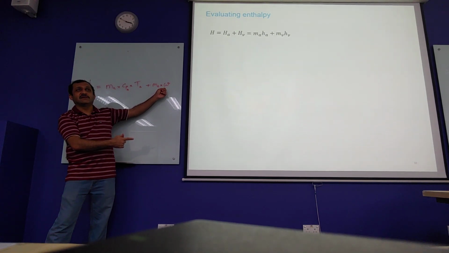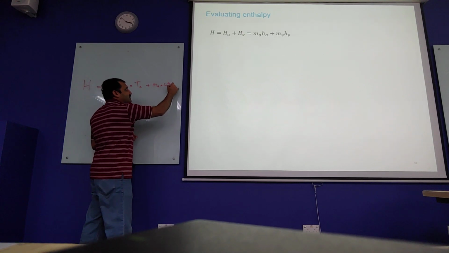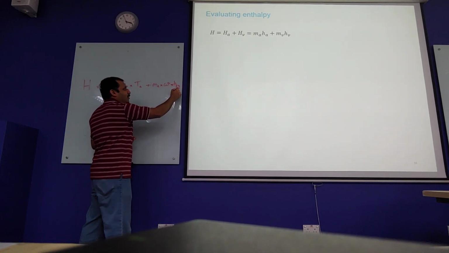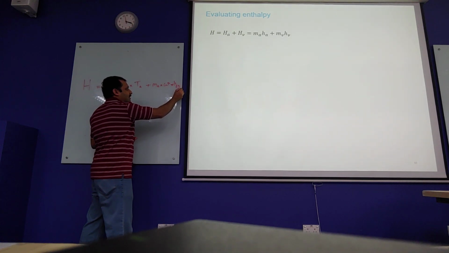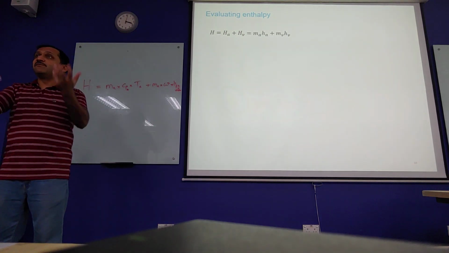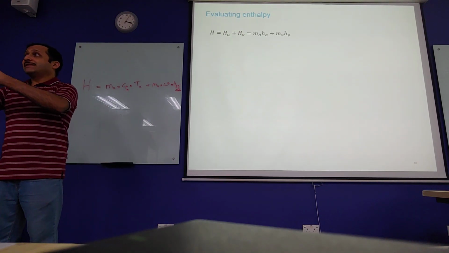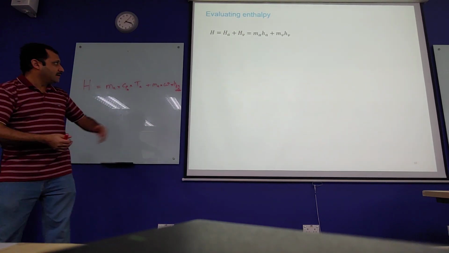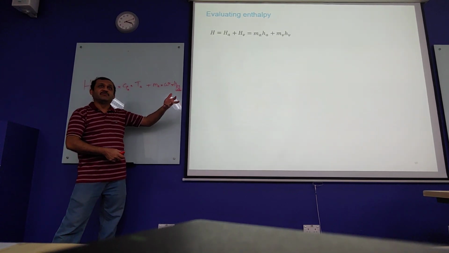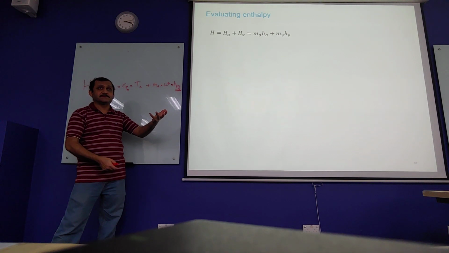Specific humidity times hfg of water vapor. Why? Because moisture is in vapor form, and that water vapor will have that much amount of thermal energy in it, which is the latent heat of vaporization.